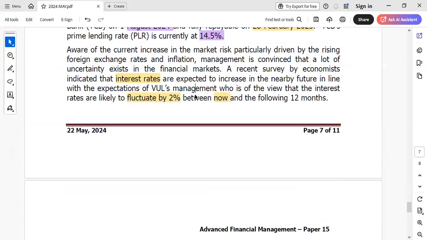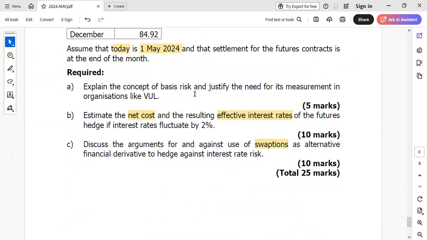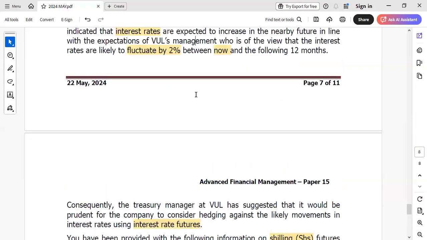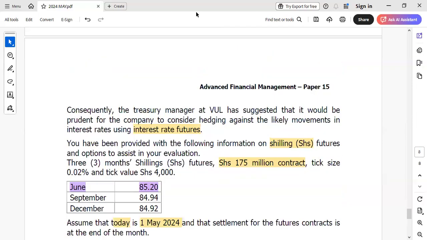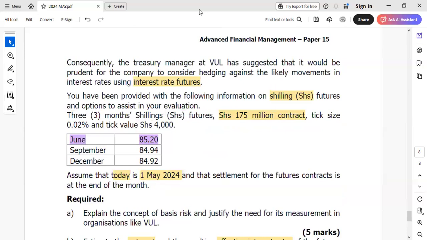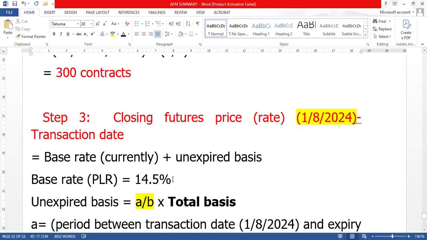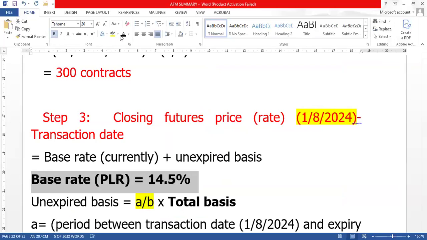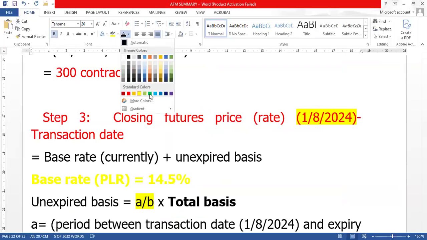By 2%. Are we together? Which rate? The base rate, this one. Do you agree? This one is likely to fluctuate by 2%.